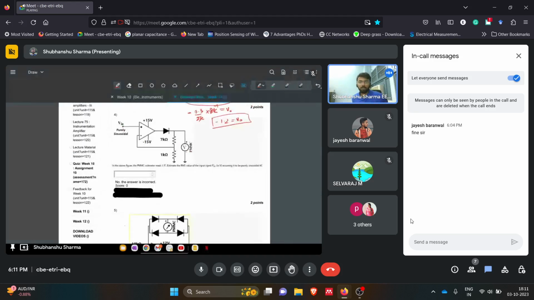So now we can see there is a diode there. If a diode is there, we should keep in mind that it may allow only a certain polarity of voltage across it.